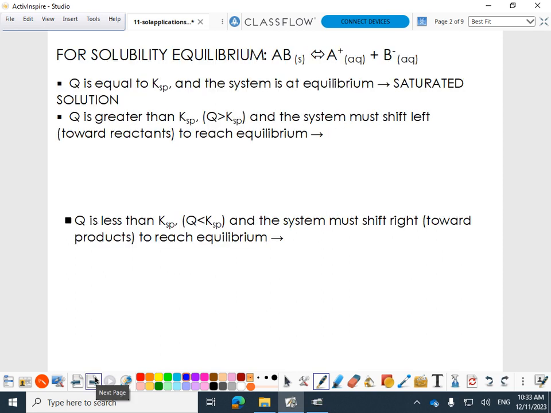So if Q is equal to Ksp, then the system is at equilibrium. That is very boring, but it is a thing. In a saturated solution, which is the definition of solubility equilibrium, there's no precipitate in there either.